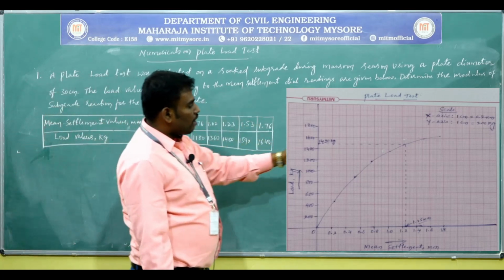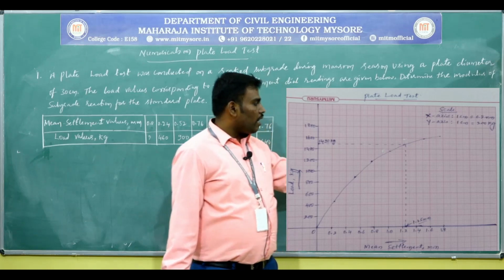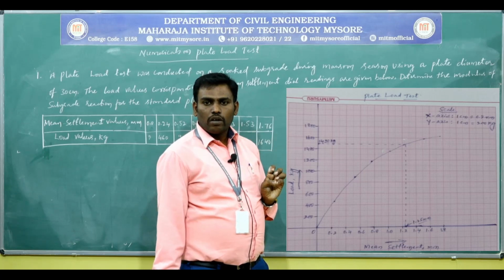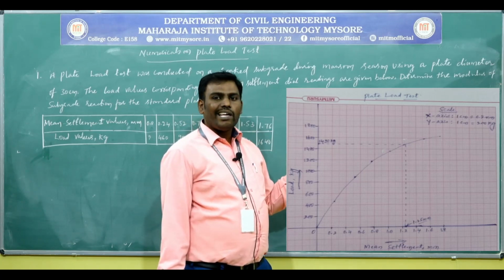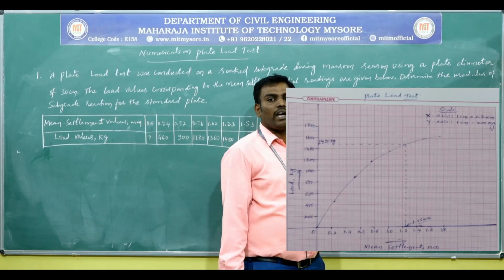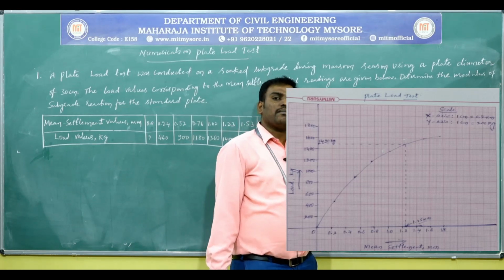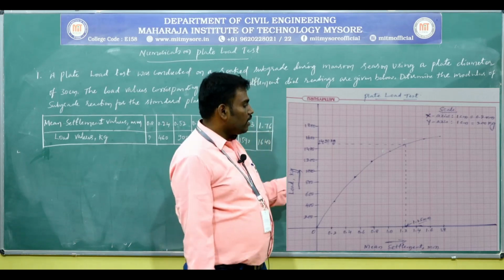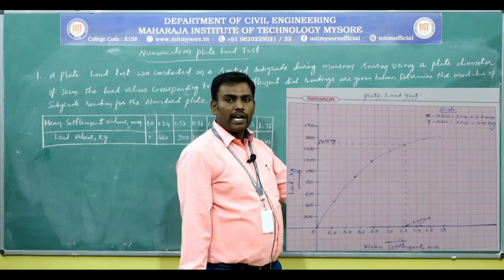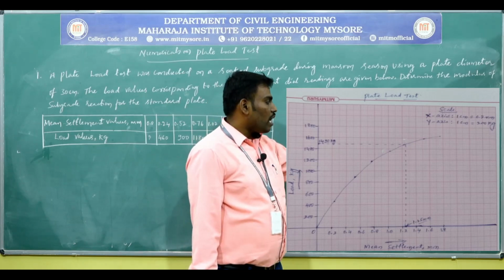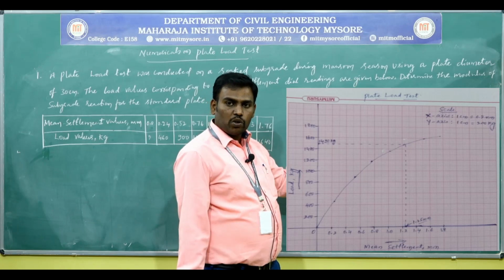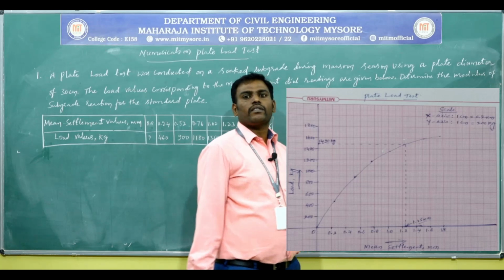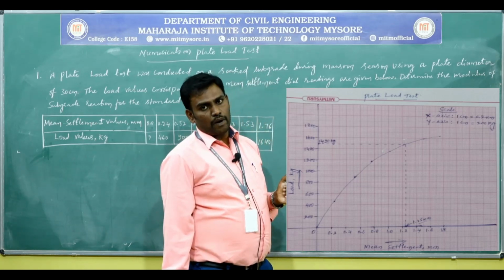Okay, after drawing the graph, what you are going to do is, for the 1.25 mm, what is the load? We can say that the load values corresponding to 1.25 mm, or 1.25 mm in terms of centimeter, it is 0.125 centimeter. Okay, from the x-axis at 1.25 mm, you need to draw a vertical line parallel to y-axis, in such a way that the vertical line touches the curve at some point.